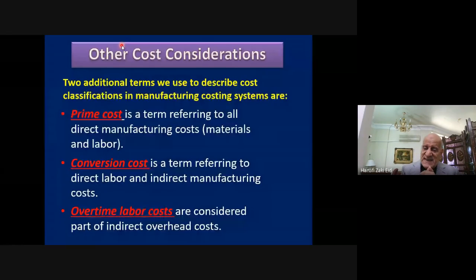Although this is paid to workers, and as you know workers' wages and salaries are considered direct cost, the overtime labor costs are considered as indirect overhead costs.